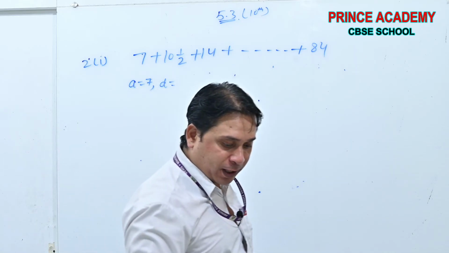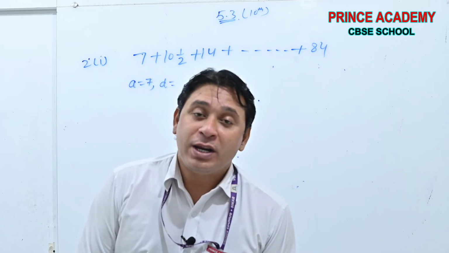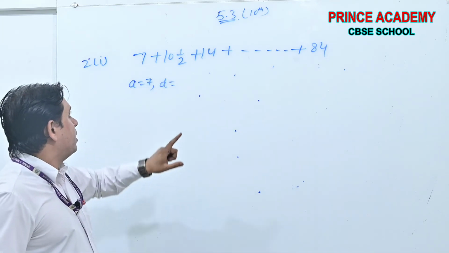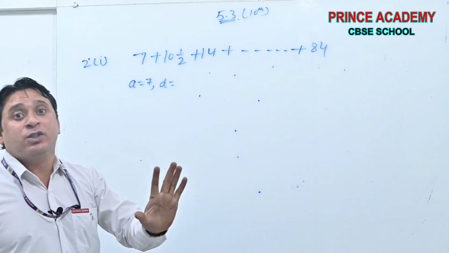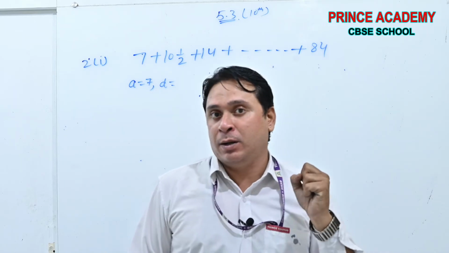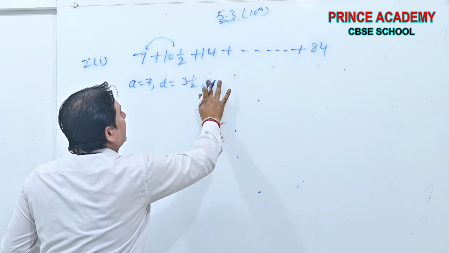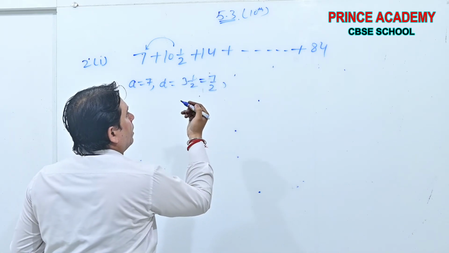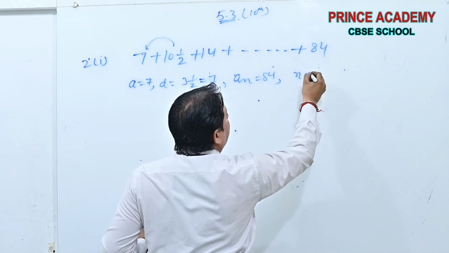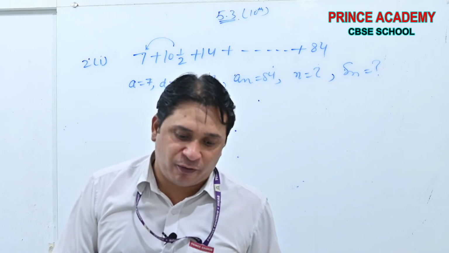As I told you in my last lecture, I do calculations in my own language, and this method will be very helpful for you. I will simply say: 10.5 minus 7 gives 3.5. That is my language, but in my mind, not in front of people. Okay, see, d is this, 3.5, which is 7 by 2 also. Yes or no? a_n is 84, here a_n is 84 and we have to find Sn. Once we find n, then we will find Sn.